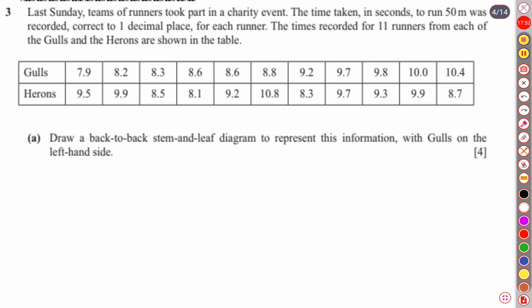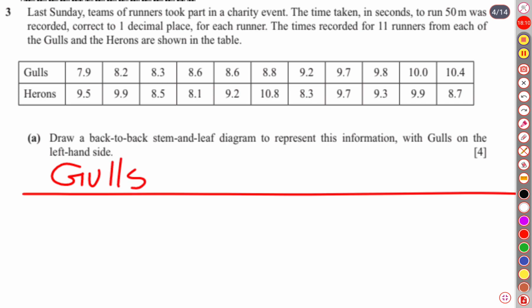Draw a back-to-back stem and leaf diagram to represent this information with girls on the left hand side. So girls will be on the left hand side. Let us write girls, and on the right side there will be herons.